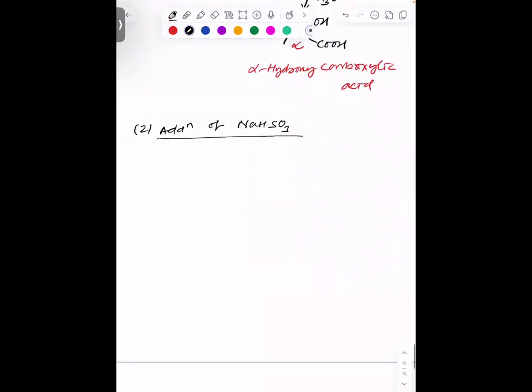The nucleophile here is HSO3 minus. So it attacks the carbonyl carbon. It gives O minus SO3H.